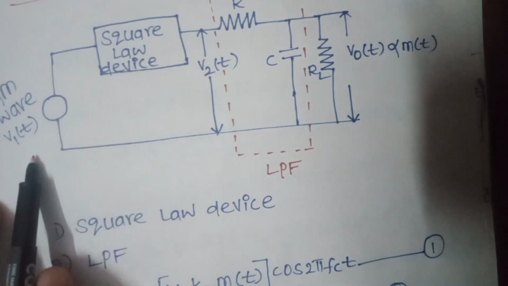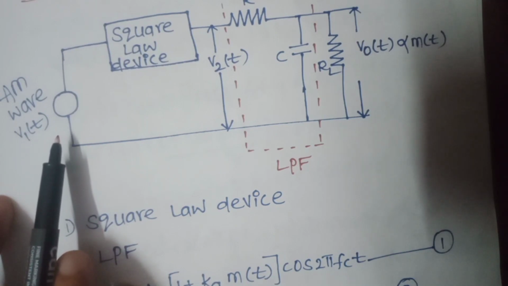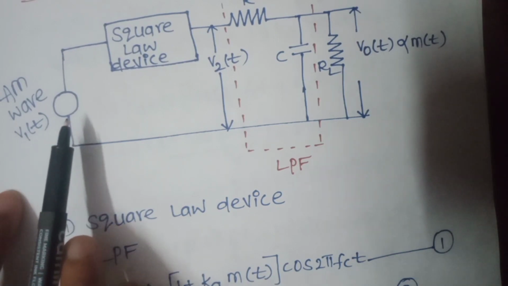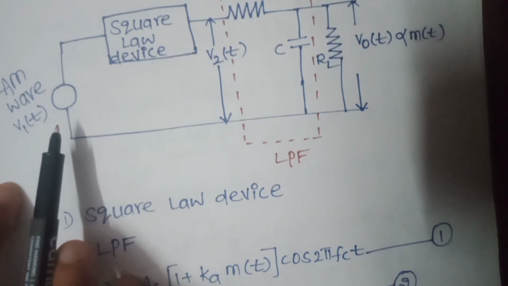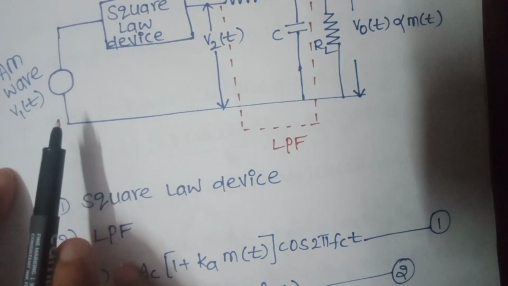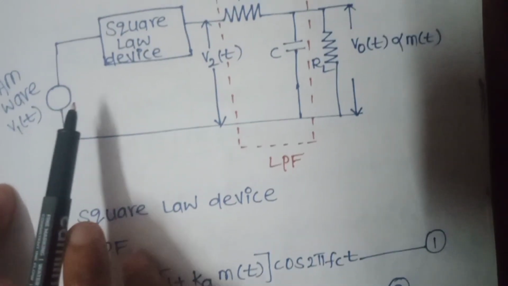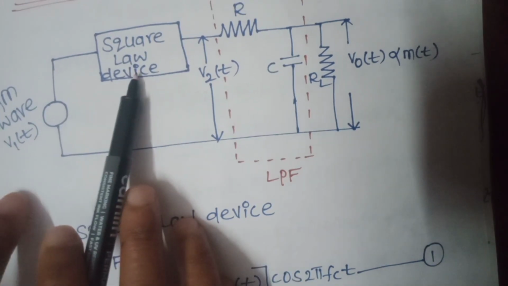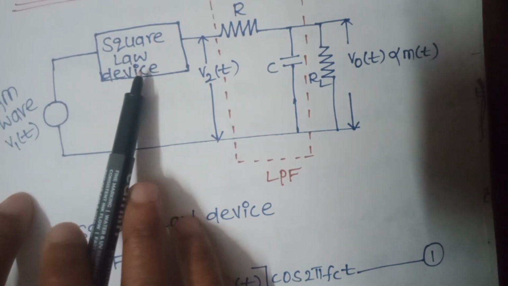Now V1 of t is the AM signal, that is the modulated signal. That will be represented by our standard AM equation, Ac into 1 plus Ka m of t into cos 2 pi fct. That will pass through the square law device, and it will be squared by this device.